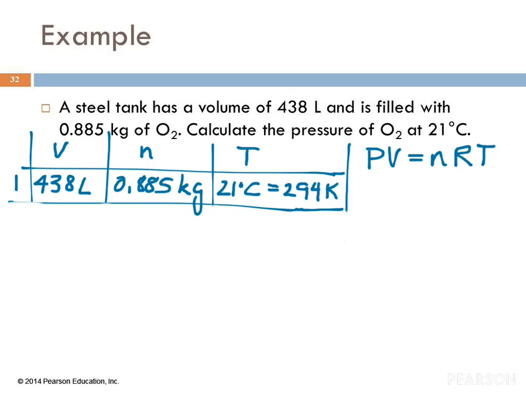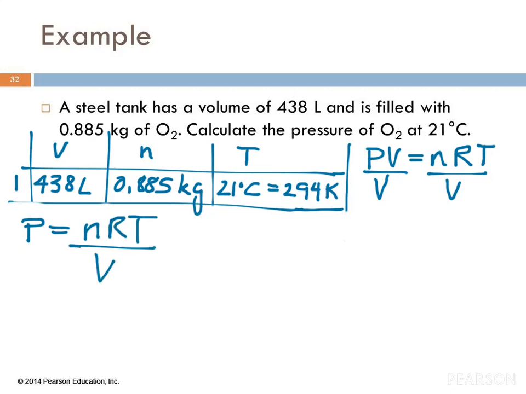And it says calculate the pressure. So we want to take this law and rearrange it so that we get P equals something. So we'll divide by volume on both sides, and we end up with P is equal to nRT over V. Now we do need to be careful with our units.